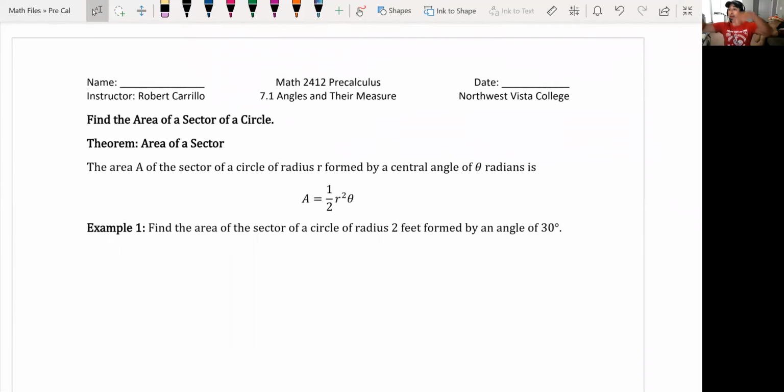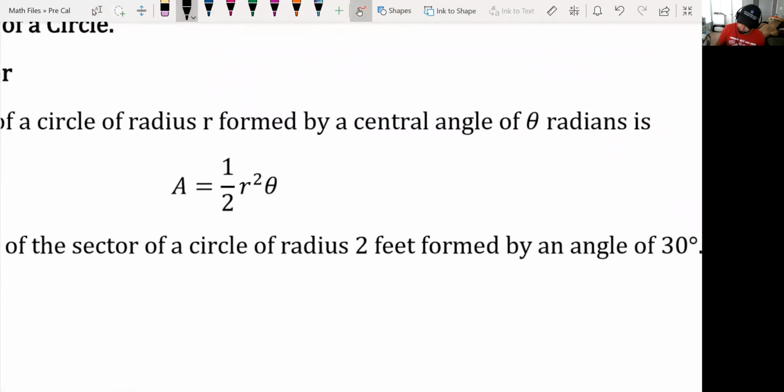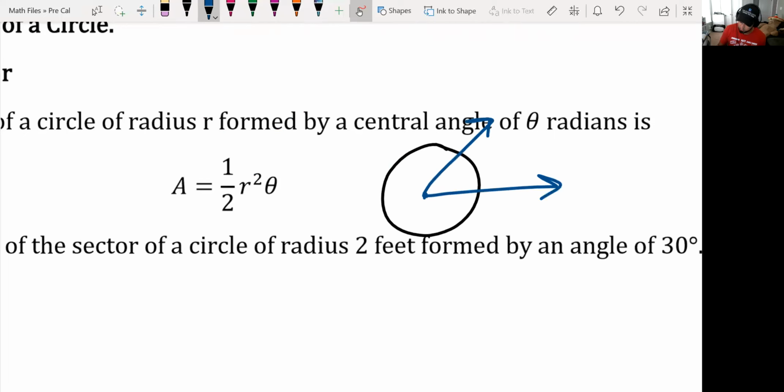So the last one we found the length of the arc. Now for this one, we'll find the area of the actual sector. So what we're looking for in this one is, once again, given a circle, whose rays intersect the circle.